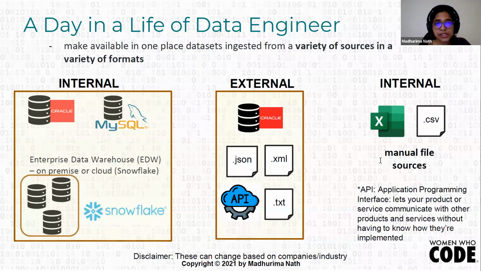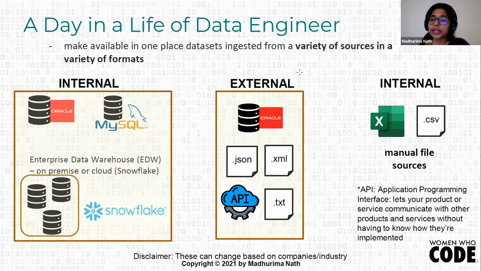So this is what I mean. Let's say I am working at some company where I have some internal data present, and some of it is present in an Oracle database, some of it is in Postgres, and some of it is in, let's say, the cloud, like Snowflake, a cloud data warehouse. I want to take all of these and consolidate it in one place.